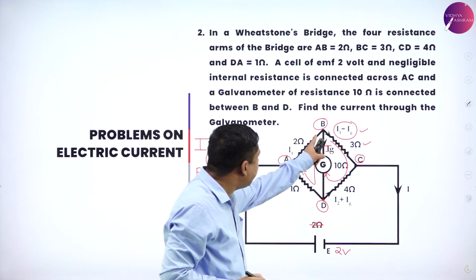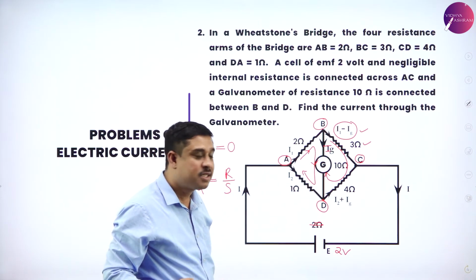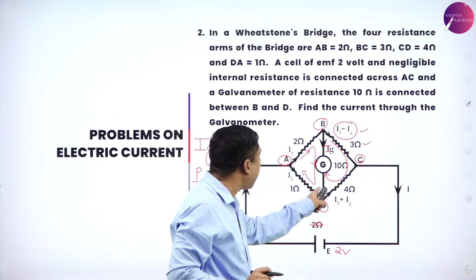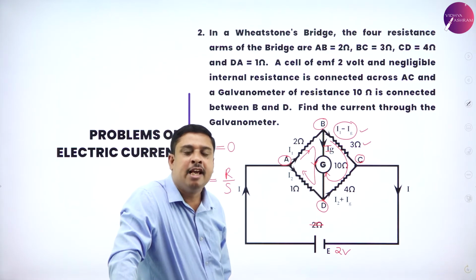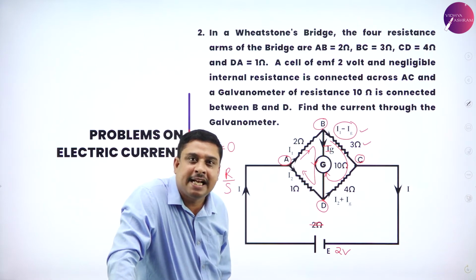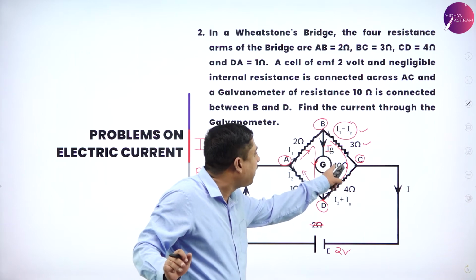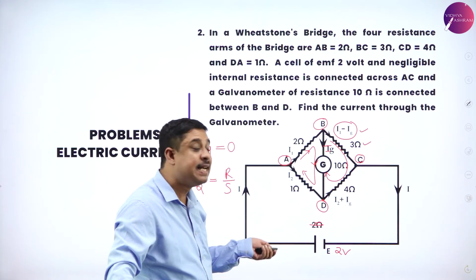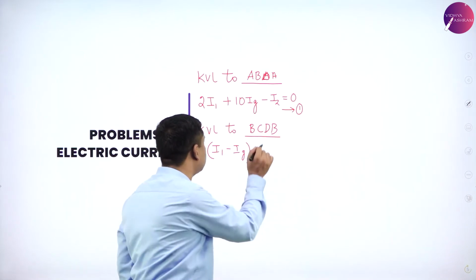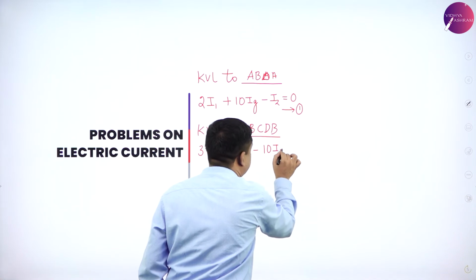See, Ig is coming down, but the direction of traverse is up. So, Ig is opposite to the direction of traverse. So, product of current and resistance is negative. So, this is minus 10 times Ig.